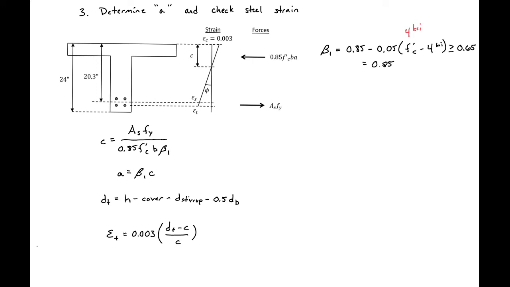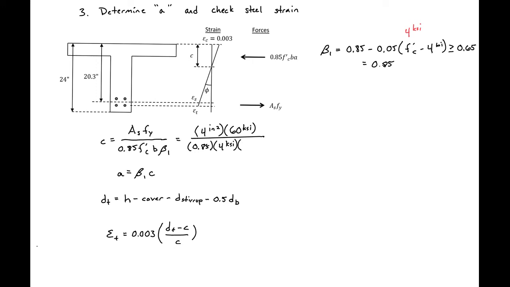And then we can plug all of our values in and find C. So our As is 4 square inches. Our fy is 60 ksi divided by 0.85 times 4 ksi concrete.